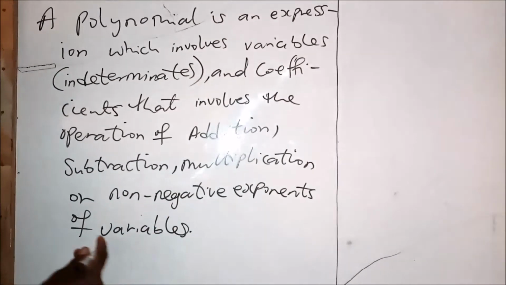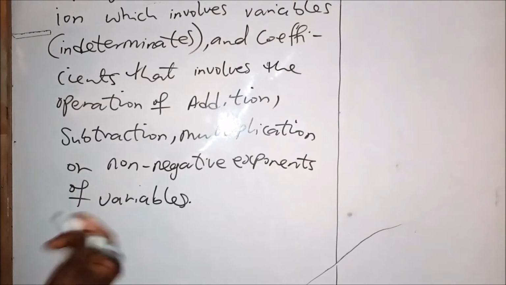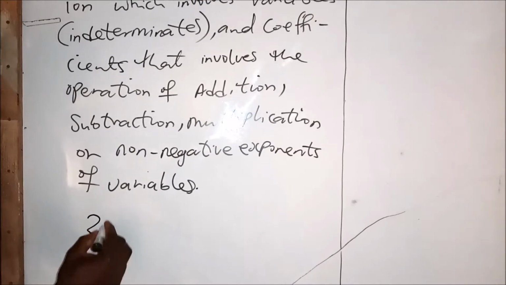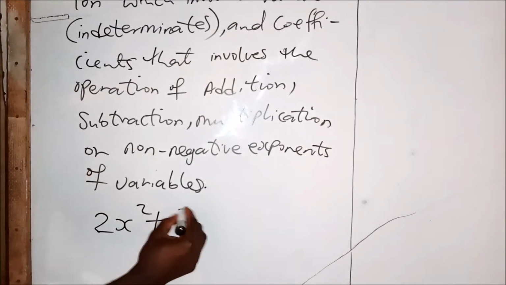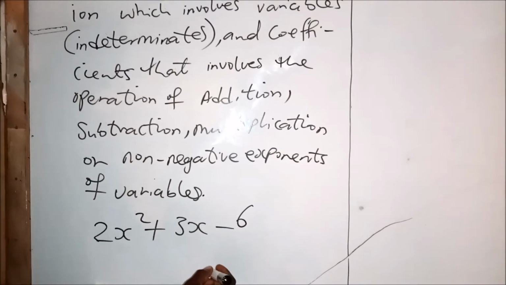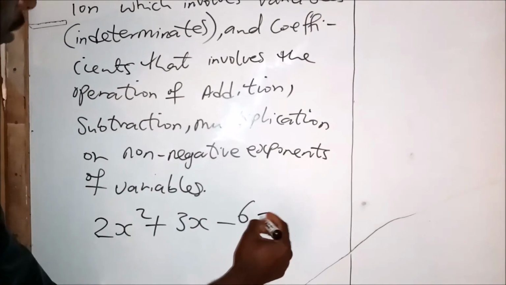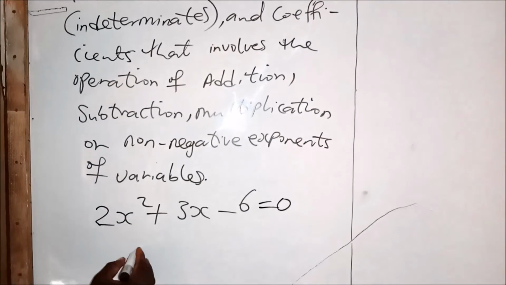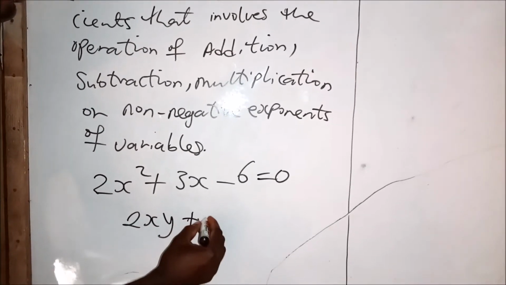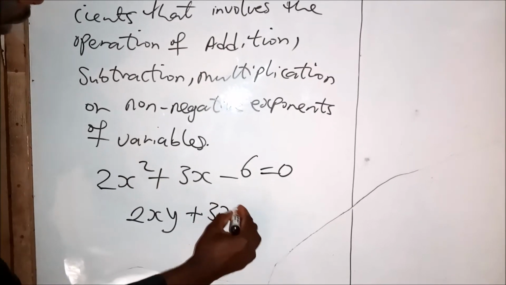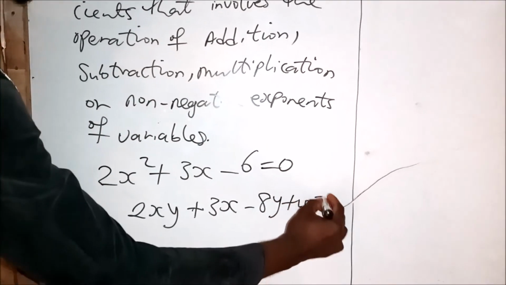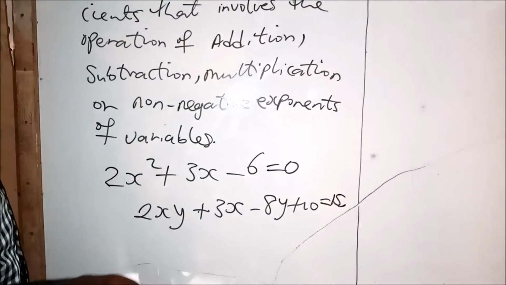non-negative exponents of variables. Example of polynomial can be 2x squared plus 3x minus 6, let's say equal to 0. We can have 2xy plus 3x minus 8y plus 10 equal to 15, and so on.